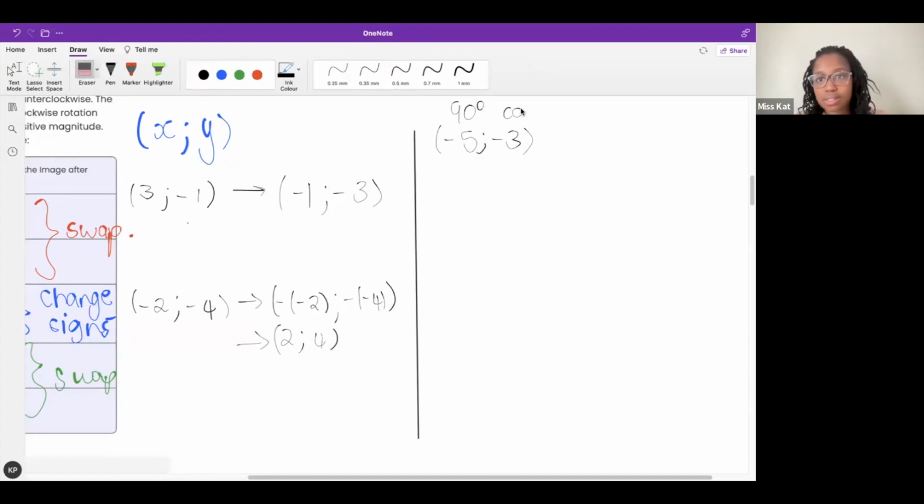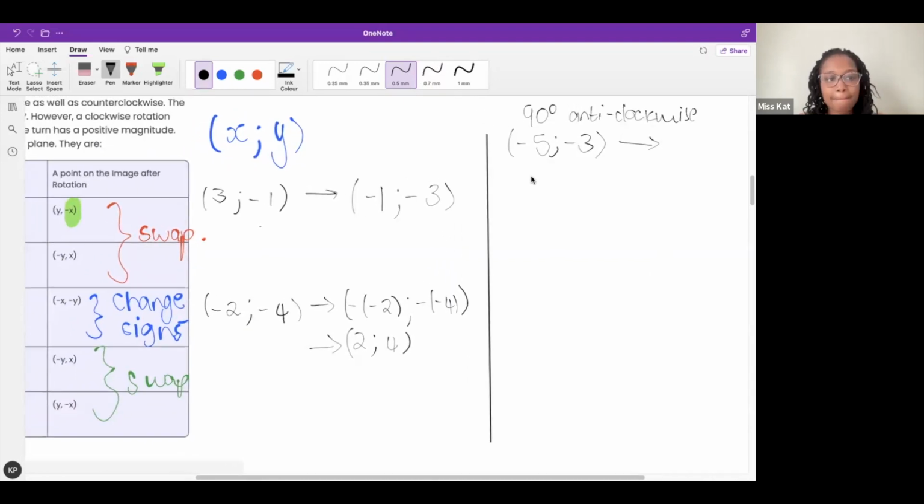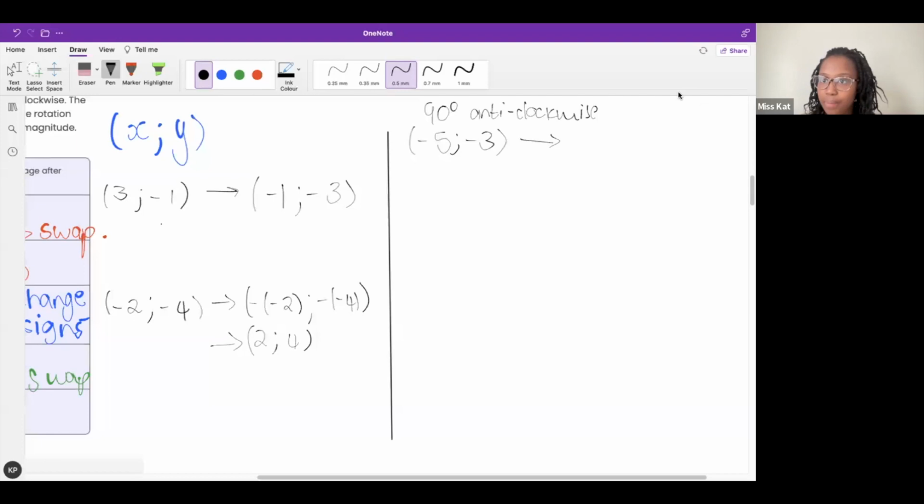Okay, anti-clockwise. Clockwise. Okay. So first things first, do we swap the coordinates or not? Yes or no?